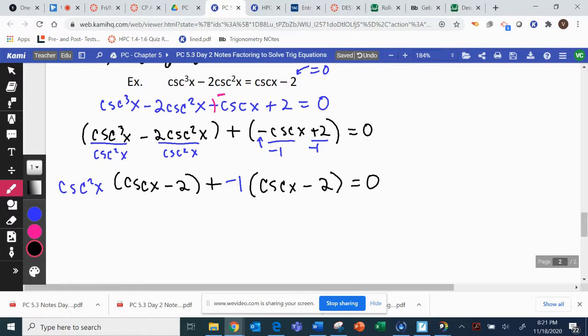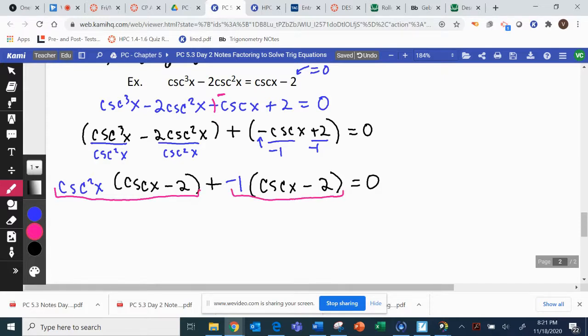Now, I'm sure that when you learned this in the past, your teachers have told you that the parentheses have to be exactly the same. So that's another reason why I knew I had to factor out the negative number so that my signs would match. At this point, I now have a binomial separated by 1 plus sign.